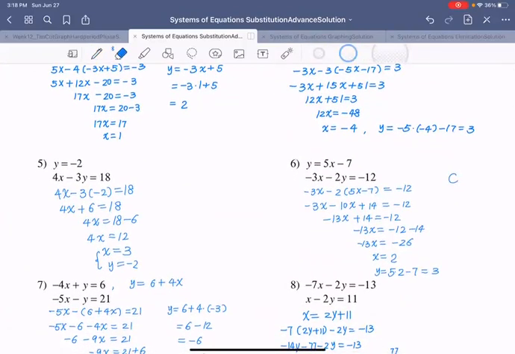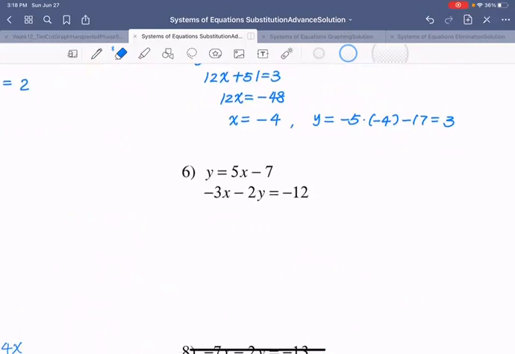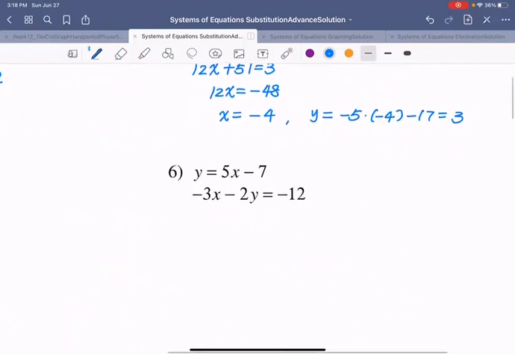Shangli, let's do number 6. Go ahead. Okay, so negative 3x minus 2 times (5x minus 7) equals negative 12.